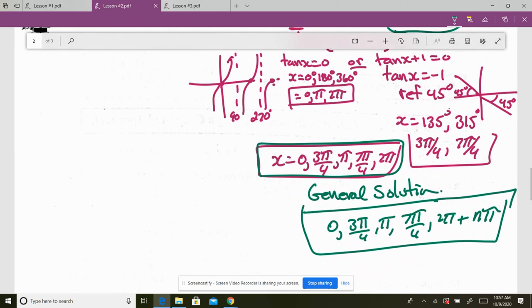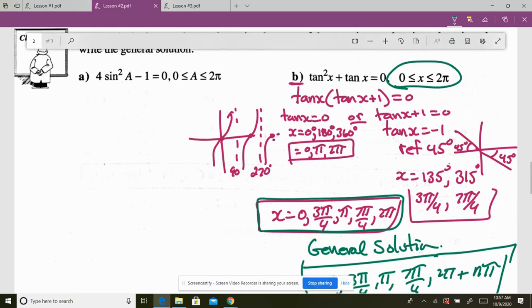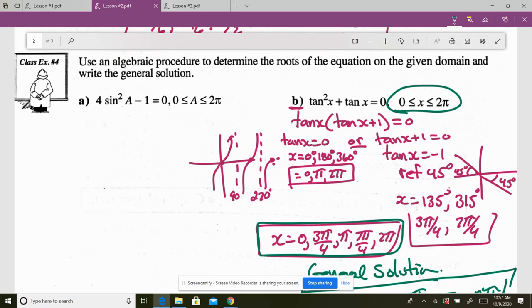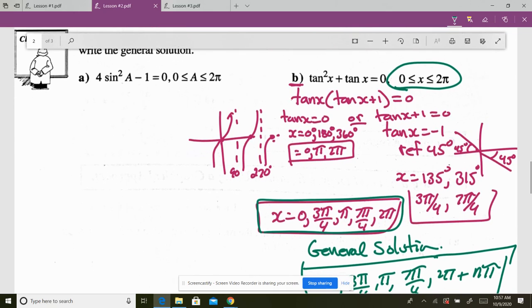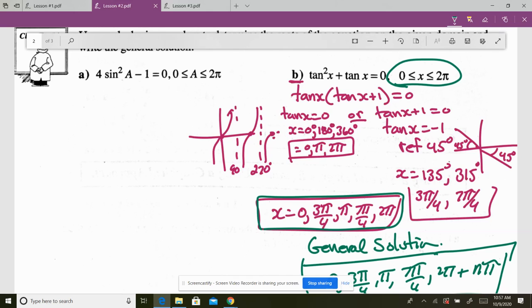When they say general solution, it's over the entire set of real numbers. So this no longer applies in the general solution. That makes sense? Well, no, don't say sure. So here's our tan graph, right? I just want to know all the answers up to this point. That's what this is saying, 0 to 360. So that's why I get all these.